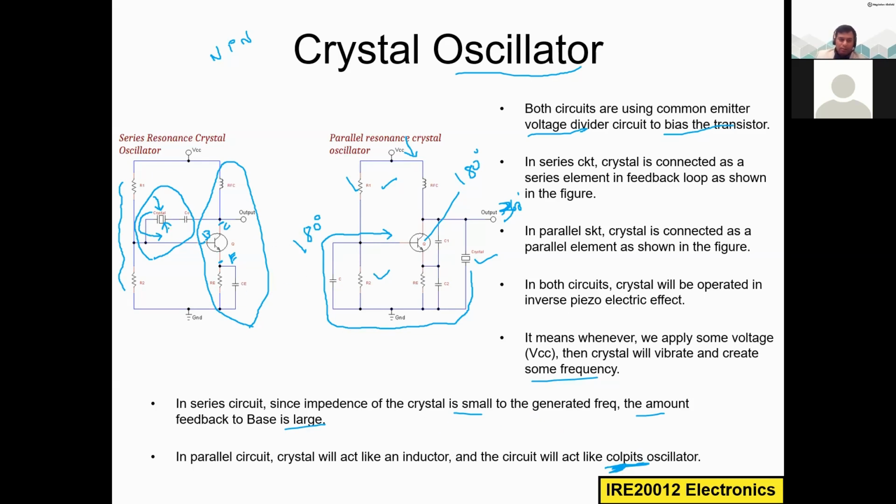Here, of course, is the feedback path, and based on the mode in which you are using the crystal, it produces a different series resonance frequency or parallel resonance frequency, and this will vary based on the impedance. The overall goal of either circuit is producing oscillation at the output. We are done with the crystal oscillator.